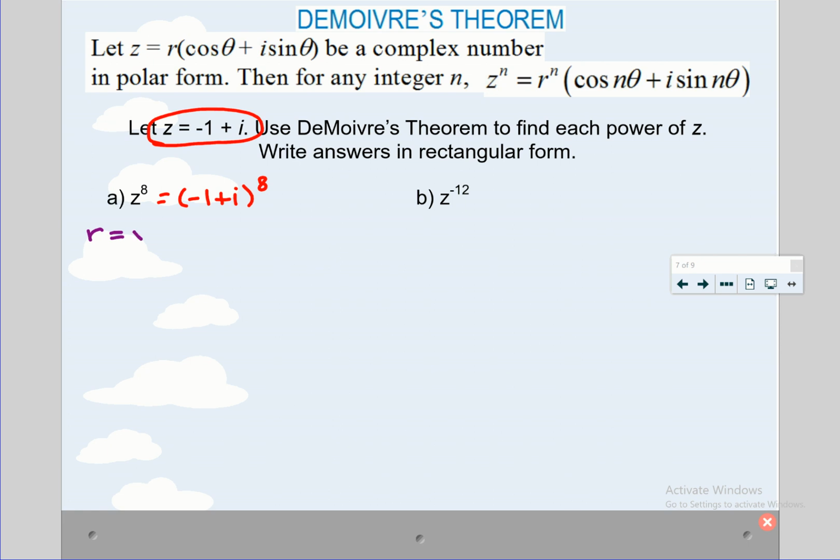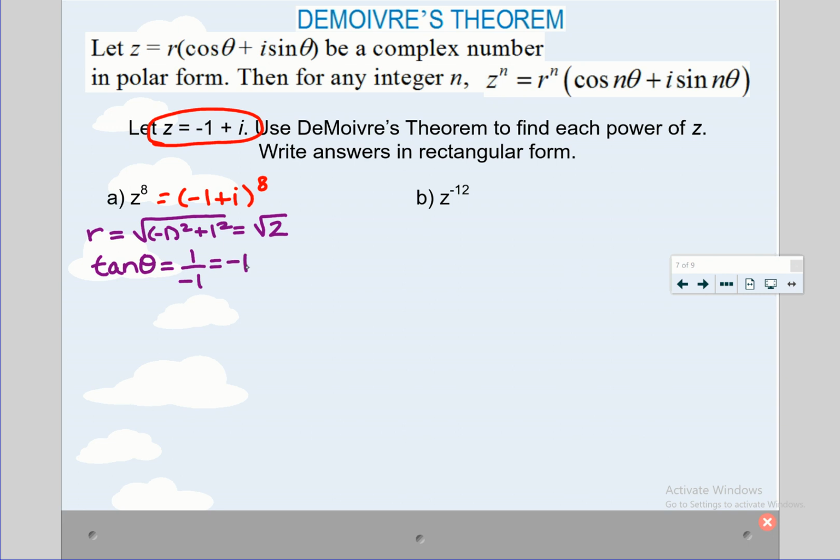So r, we know how to do that, right? That's the square root of -1 squared plus 1 squared, so that gives me square root 2. And to find theta, we use tangent. Tangent of theta is your b divided by your a, or your y divided by your x, however you want to think about it. The second component here is 1, and the first component is -1. If I divide them, I get -1.